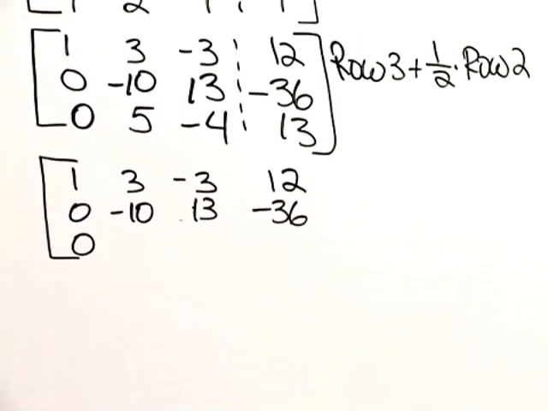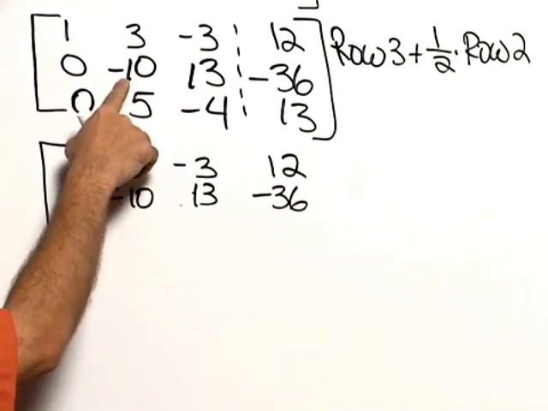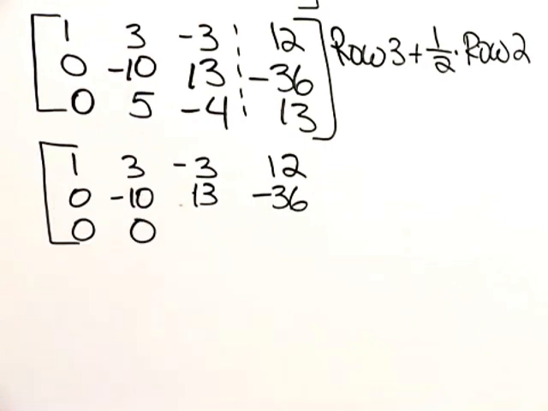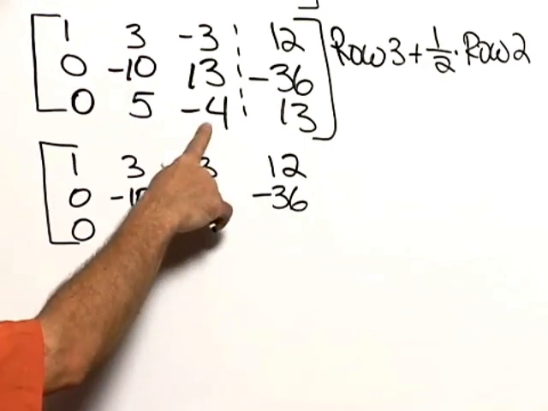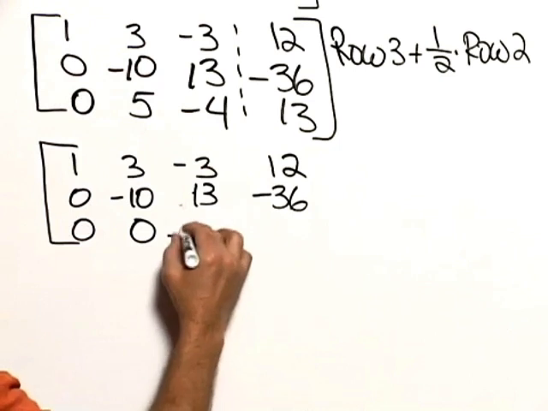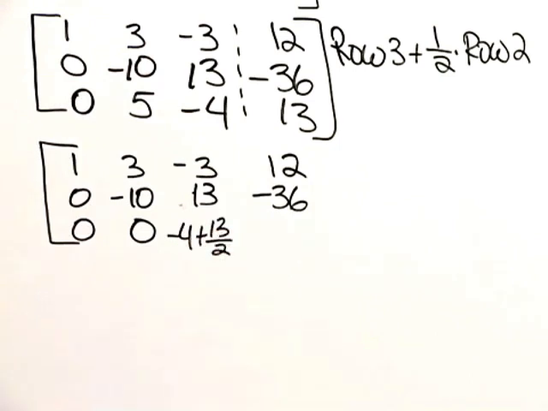Row 3 plus half of row 2. So that's 0 plus half of 0 is 0. 5 plus half of -10 is 5 plus -5, 0. -4 plus half of 13, so it's -4 plus 13 halves, and let's deal with that in a moment.